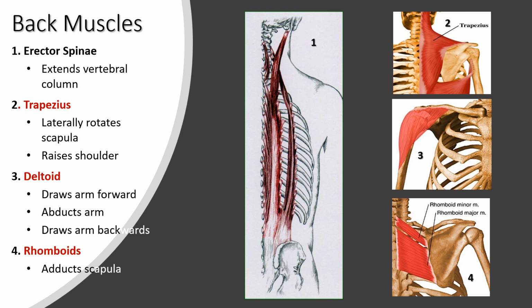The trapezius is probably the most superficial of the shoulder muscles, and it's a very thin diamond-shaped muscle that covers the other muscles underneath. It goes all the way up to the occipital ridge of the neck.